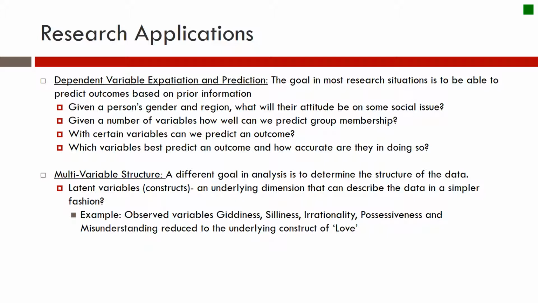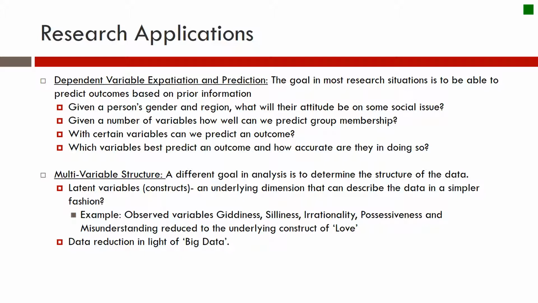So what we want to do is take other measurable variables, things that we could actually measure, and use them together as a system to create a structured formula that would represent the latent construct love. So being able to measure things we don't see in a series of equations is something that we can do.